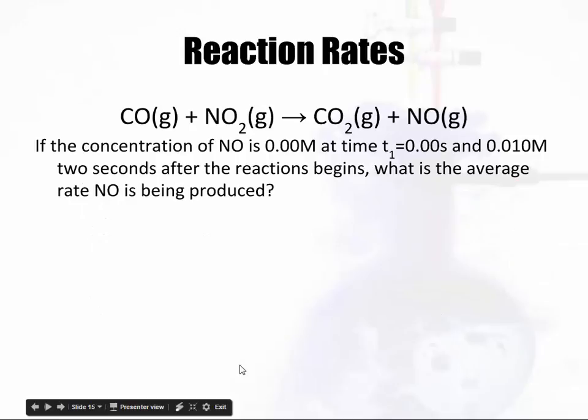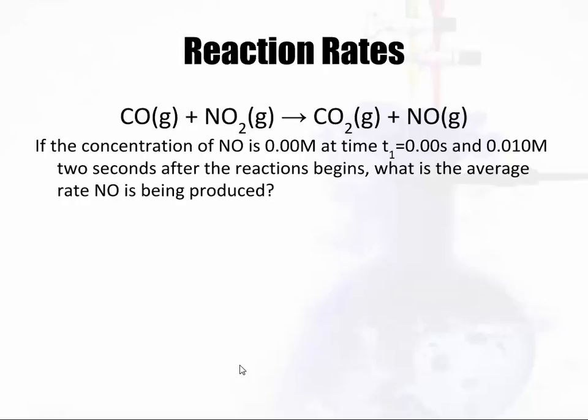So here we have a problem. If the concentration of nitrous oxide is 0 molar at time 0 and 0.01 molar 2 seconds after the reaction begins, what is the rate of the reaction? So to calculate this, we're going to use our equation. So that's our change in concentration over the change in time.